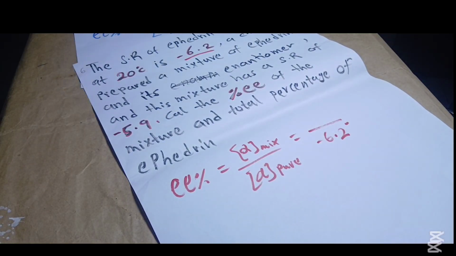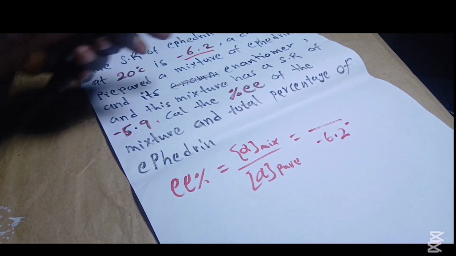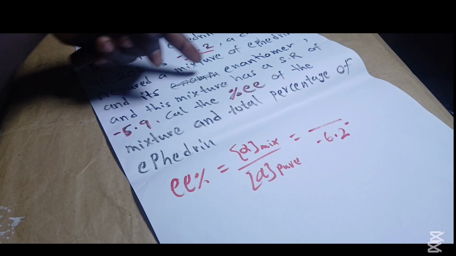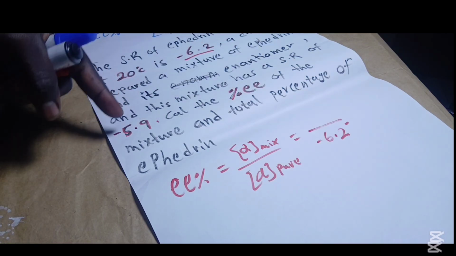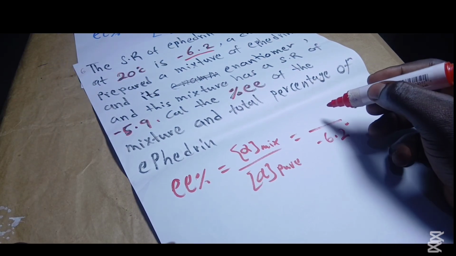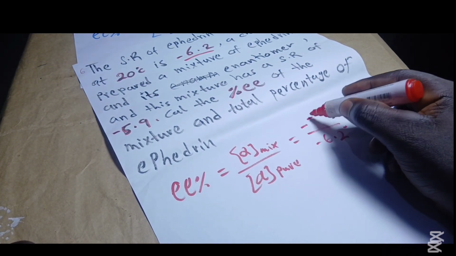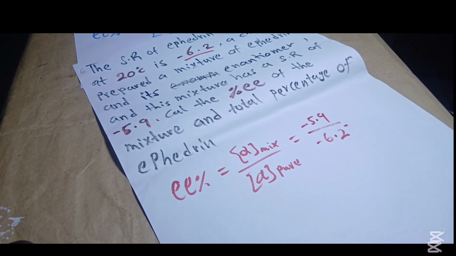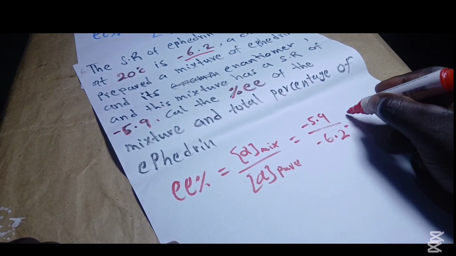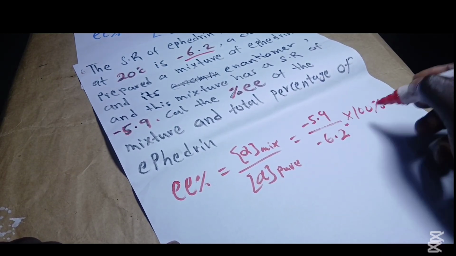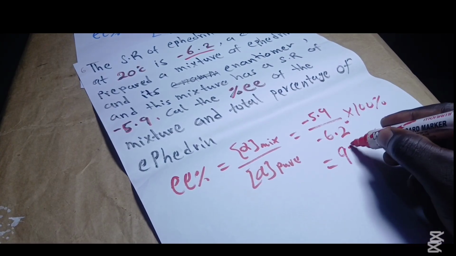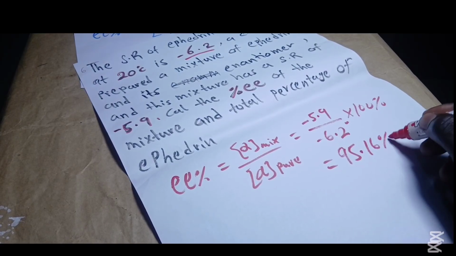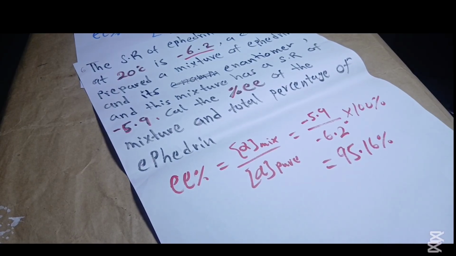And the chemist prepared a mixture of ephedrine and its enantiomer, and this mixture has a specific rotation of minus 5.9. So the specific rotation of the mixture is minus 5.9. So evaluating this by 100% gives us 95.16%. We are not getting 100%.